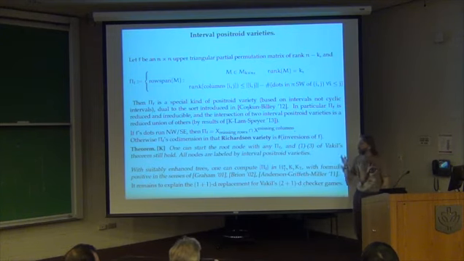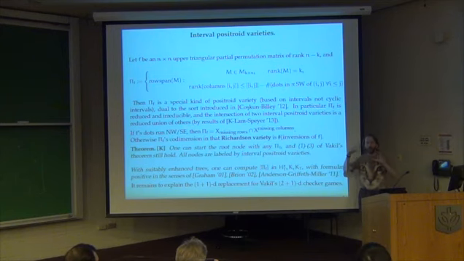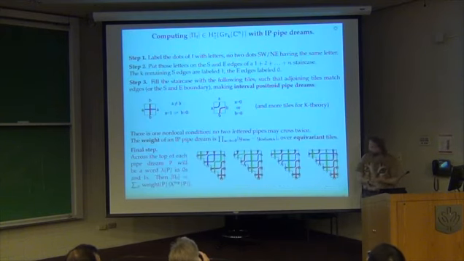When he wants to write down one of his checker games, that takes a lot of paper. It's a sequence of checkerboards, and each one of them is a two-dimensional thing. So when you put them all together, it's this 2 + 1 dimensional thing. And I managed to compress that to something 1 + 1 dimensional. So I'll tell you how that works, and then show you a quick example.